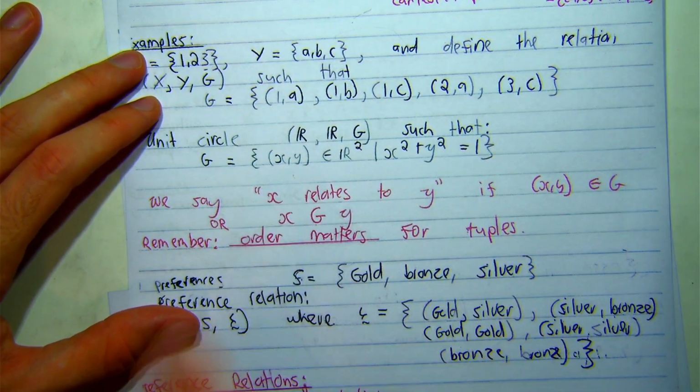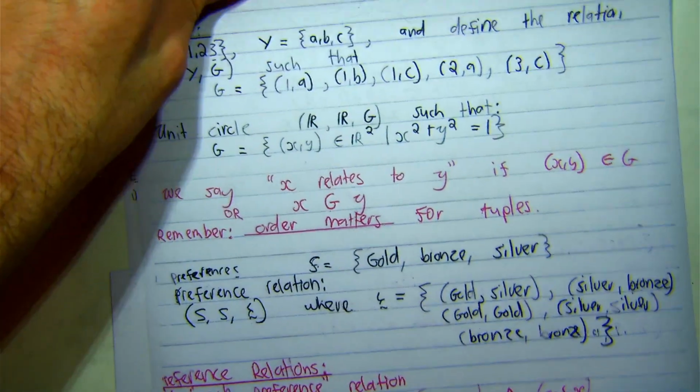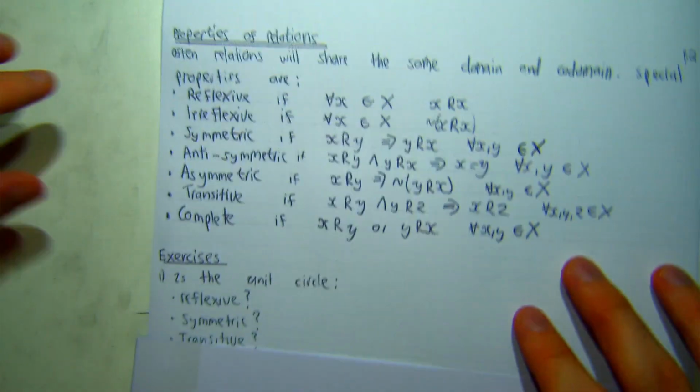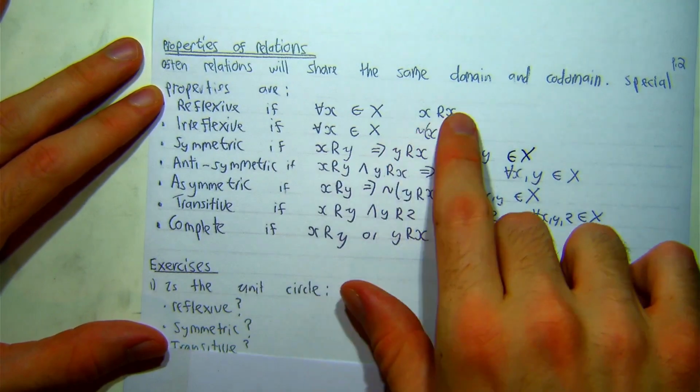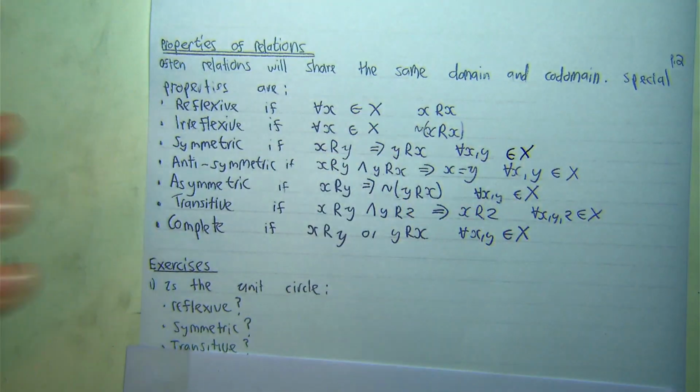In this context, we're looking at the set of real numbers as being both the domain and the codomain. So if we take a real number, will that real number relate to itself? Well, no, because if you take the number 10, (10, 10) together is not on the unit circle, so therefore it's not reflexive.